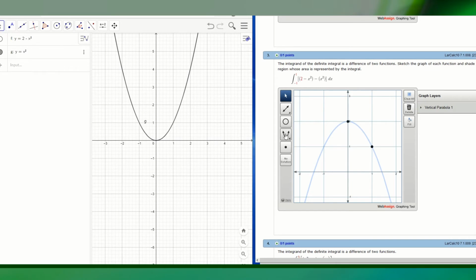So let me select the same curve. This is concave up or concave down, not the horizontal axis. You need to have the vertical axis. So you focus on the vertex first. So that is 0, 0, and one of the 2 points. Any one of those. This is the region.